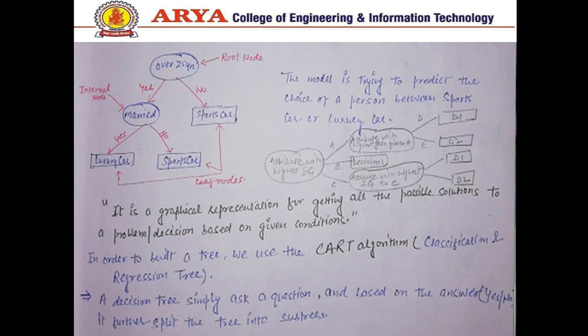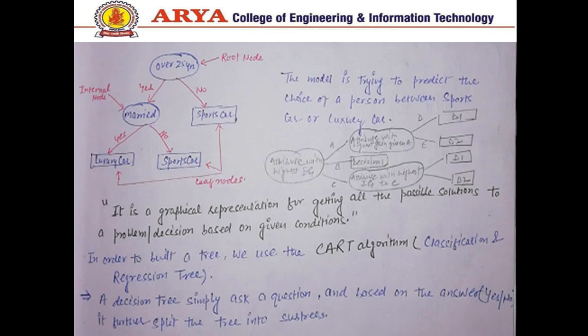If yes, then again the condition is whether you are married. In that case, again we have two conditions, whether you have a luxury car or a sports car. In the same manner, we are considering one leaf node, that is the second part, sports car. So the model is trying to predict the choice of a person between sports cars and luxury cars.